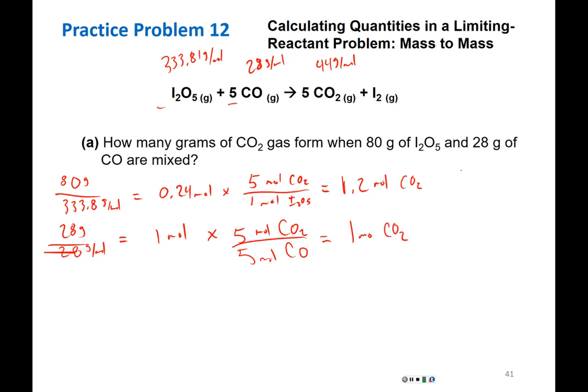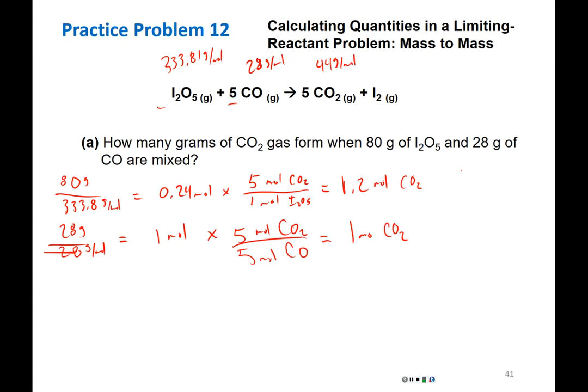Okay, so which one of these is limiting? Well, that would be the carbon monoxide, right? And if you just looked at the number of moles of each of them present, you wouldn't have chosen that one. You would have picked the I2O5.